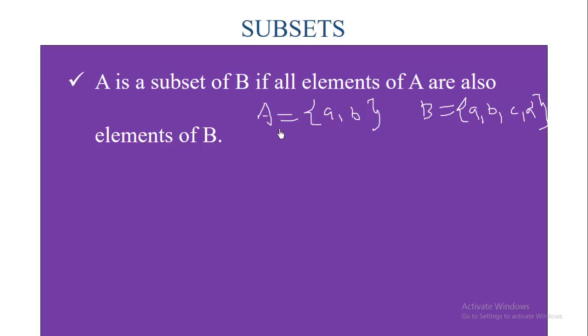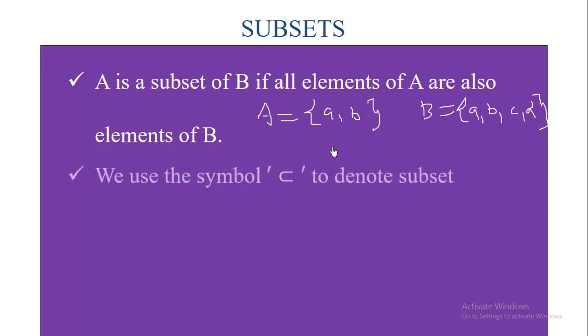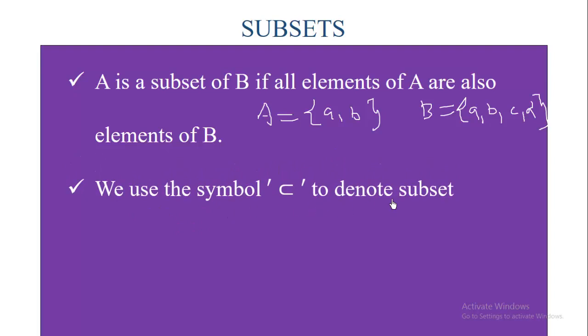Then A is a subset of B because the element a is here, the element b of A is also in B. Then this is the symbol for subset. So we can write this as A is a subset of B. We write it mathematically as A ⊆ B.